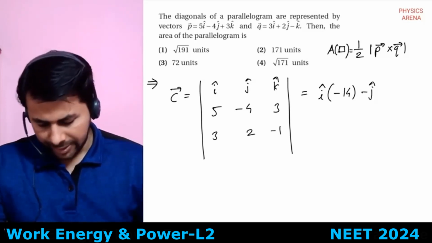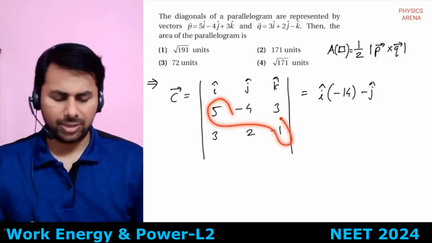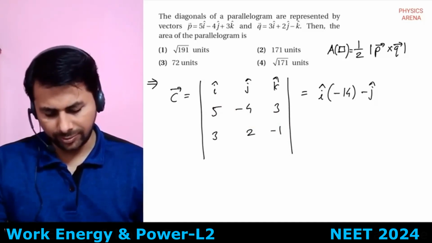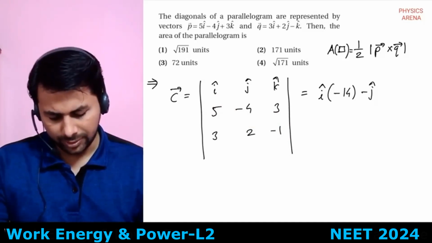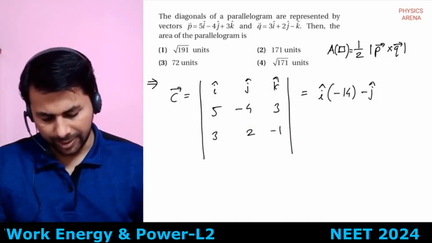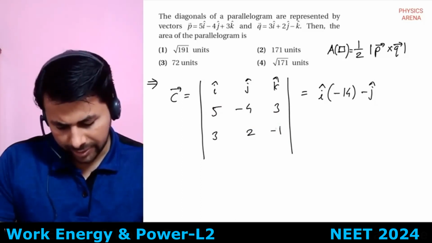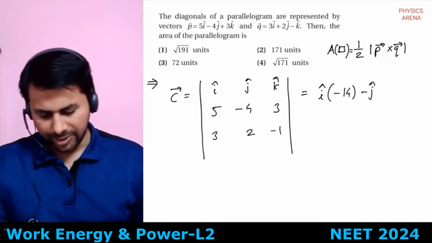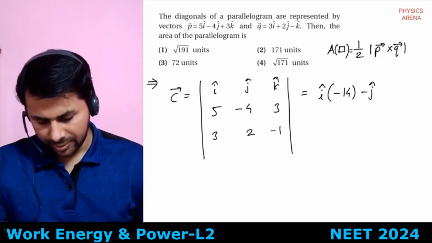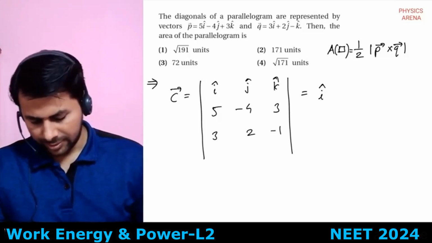Minus j cap times 5 multiplied by minus 1, minus 5. Sorry, I did a mistake here, right? Sorry.